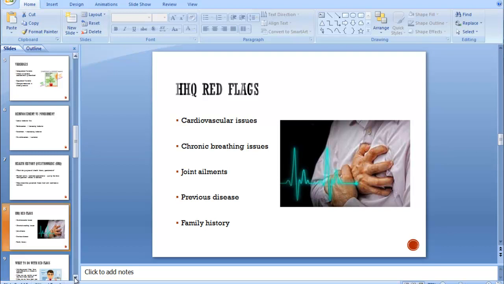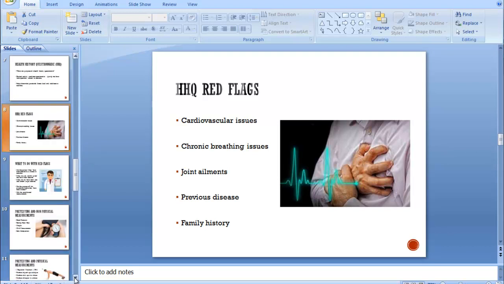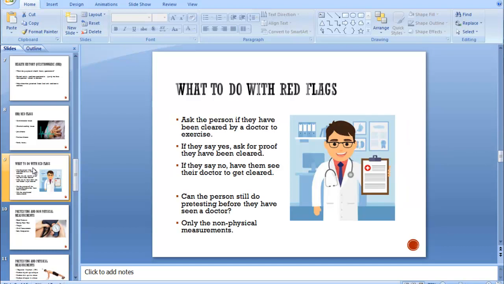Doesn't mean we can't do any pre-testing. We just can't do anything physical with them. So they can do all the measurements that don't require anything physical, like blood pressure, girth measurements, checking their weight, but we can't have them do anything physical for the risk of them causing injury to themselves.